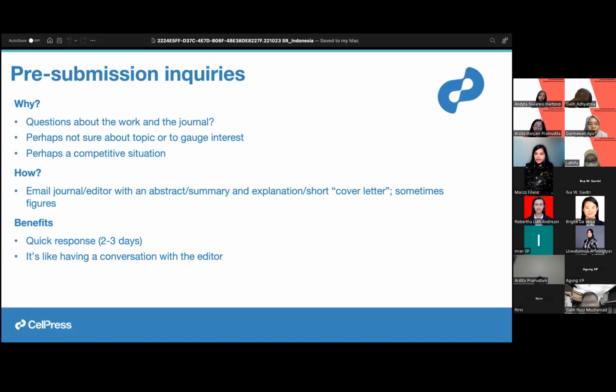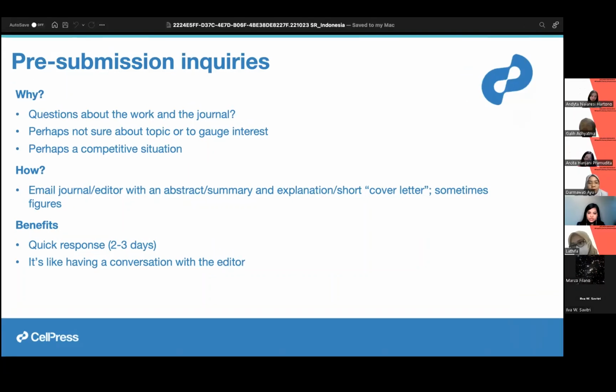So you can email either of these options with an abstract of your paper, with the summary, with a brief explanation of what your paper is about and why you did this work and why it's important. Maybe you can send some figures if you have them. What I would not recommend is sending the full manuscript, because at the pre-submission stage, editors don't have the time to read the full paper. And even if they do, they're going to read it very, very briefly. So it's really not worth it. You're better off sending a short summary and asking, is this something you'd be interested in?